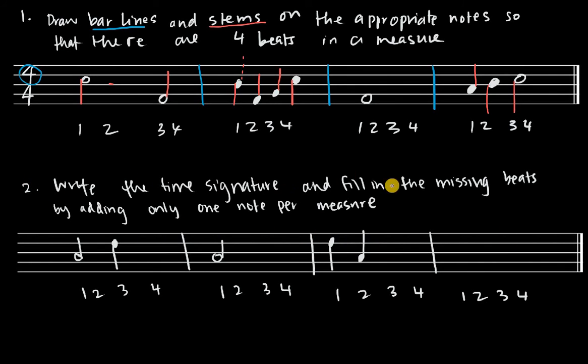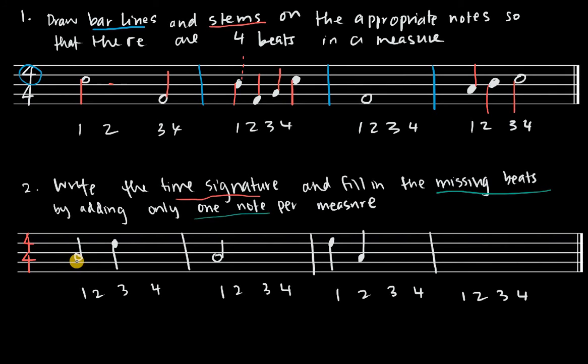Write the time signature and fill in the missing beats by adding only 1 note per measure. So I see that there are 4 beats in a measure here. So that means it is 4/4 time signature. Now we can write in the missing beats by adding a note.